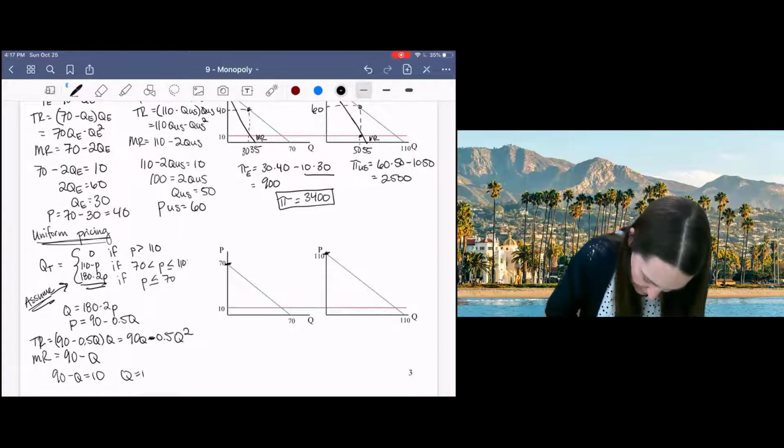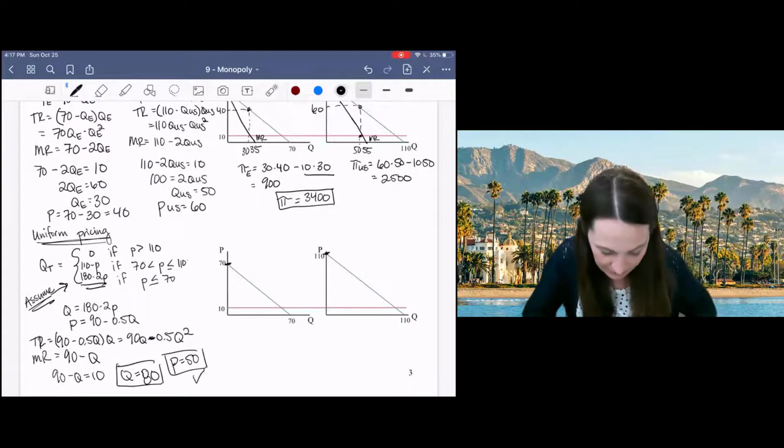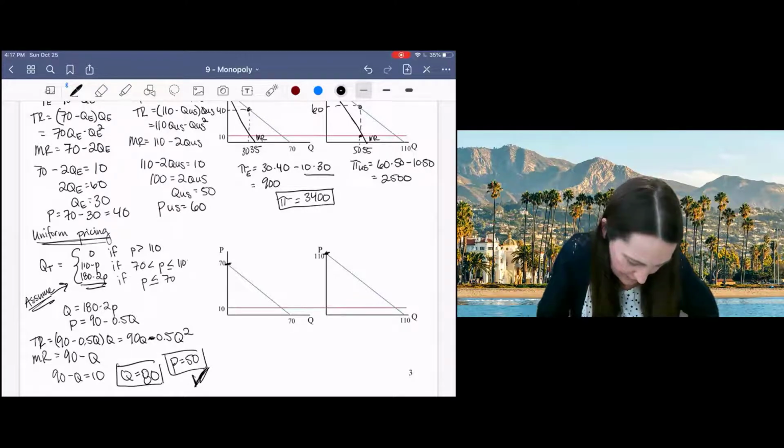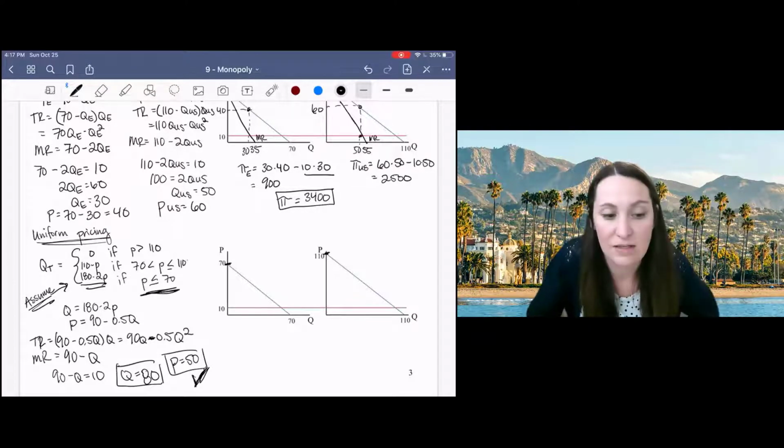And I get Q equals 80. And then I can plug that back in to get my price. And I would see that my price here is 50. So now I check, is this price in the price range that I assumed? Yes, it is. Less than 70. So this is the segment of the demand curve that I am on.